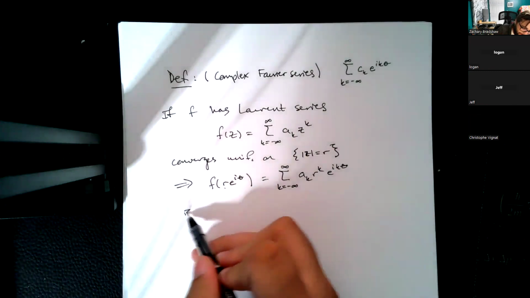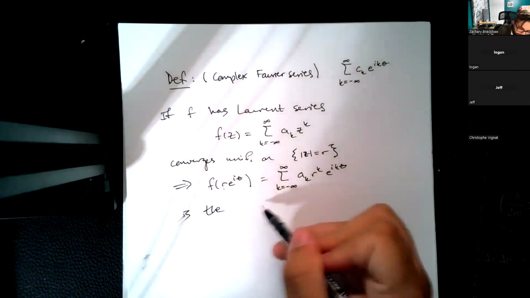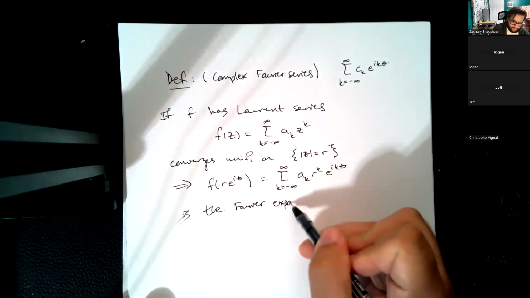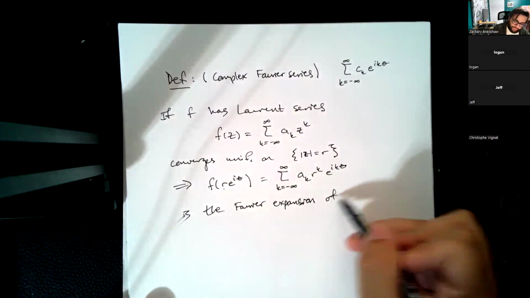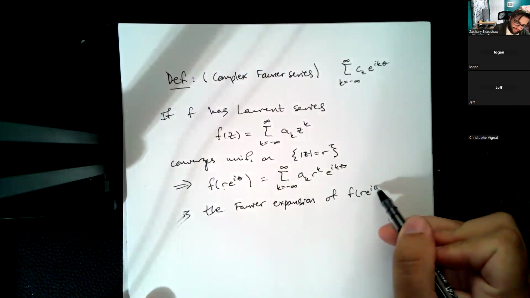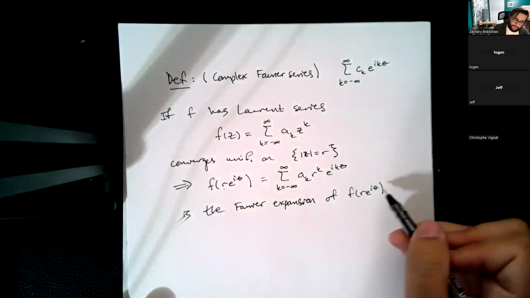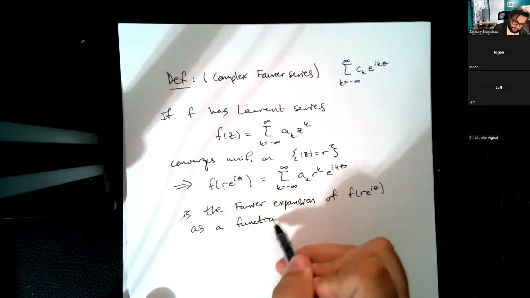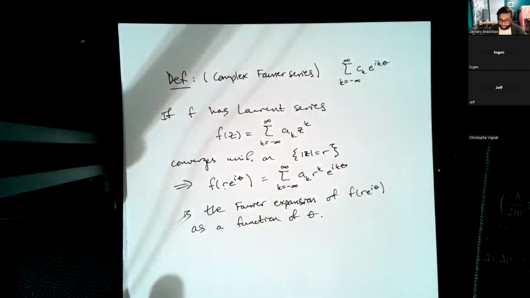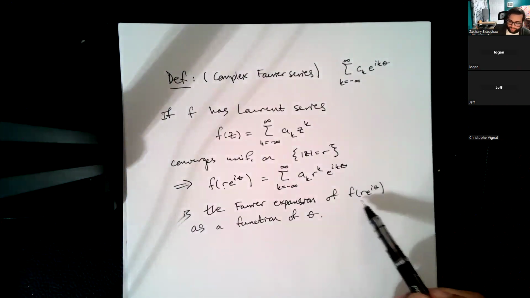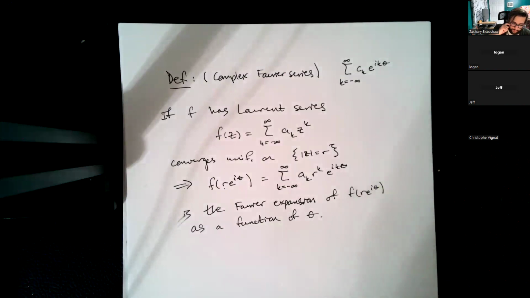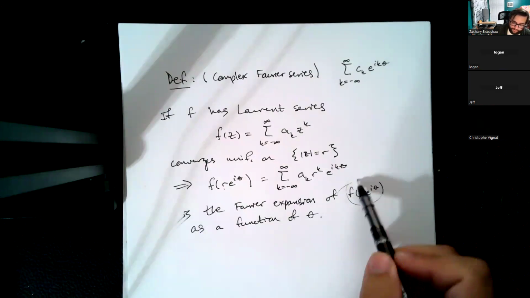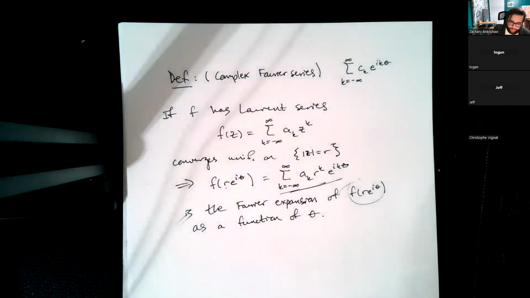And this is the Fourier expansion of the function f of r e to the i theta viewed as a function of theta. Right, so we're defining some function of theta here, which is represented by this series, which we're calling the Fourier expansion.